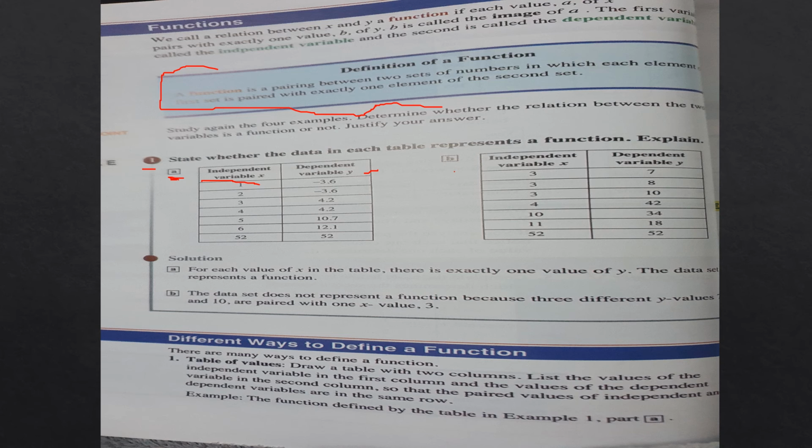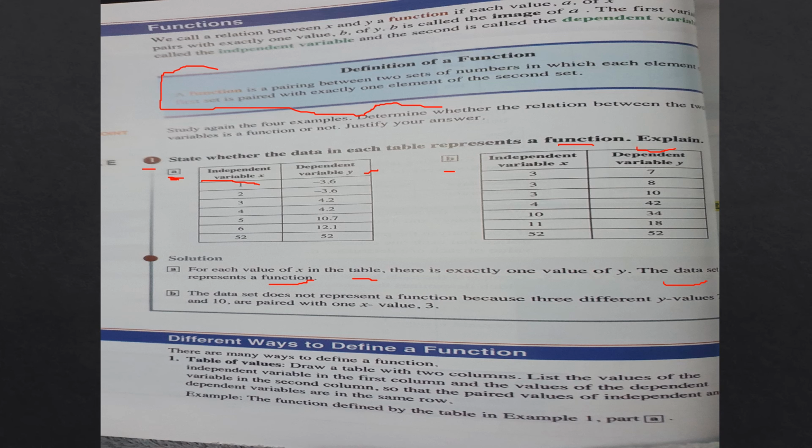So we have table A and also table B. The question is, state whether the data in each table represent a function and explain. For table A, for each value of x in the table, there is exactly one value of y. The data set represents a function.